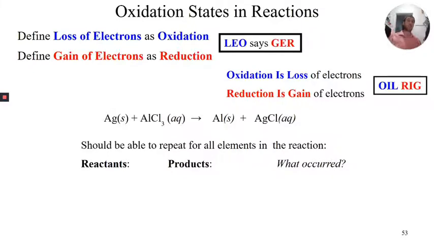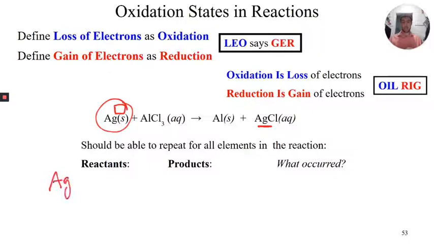There are some oxidation states that are obvious. Anything by itself has an oxidation state of 0, assuming nothing is specified as a charge. So if I look for that same silver over here, it's not by itself. It by definition must have changed. I don't know what it changed to necessarily yet, but I know it changed.